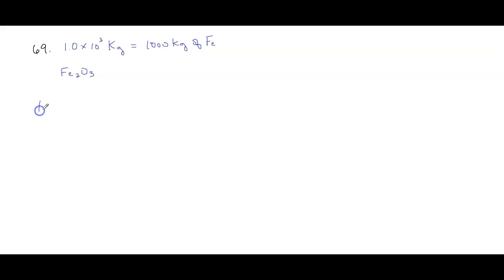First of all, we're going to take that 1.0 times 10 to the 3 kilograms, and we have to go through dimensional analysis, where we're basically going to use conversion factors, and a bunch of them, to go from kilograms of Fe, let me just write that again, 1.0 times 10 to the 3 kilograms of Fe to kilograms of Fe2O3.